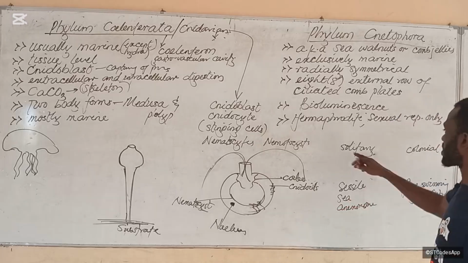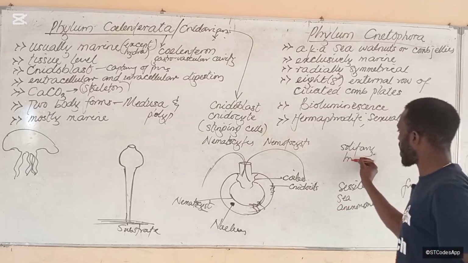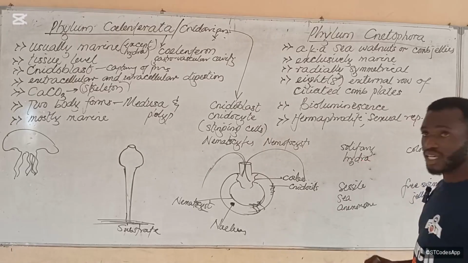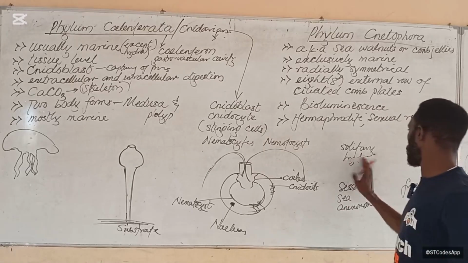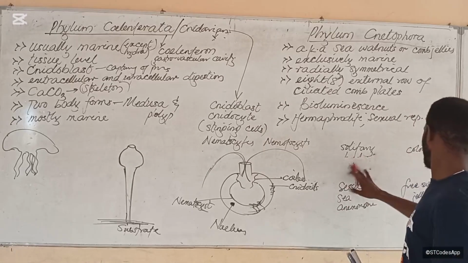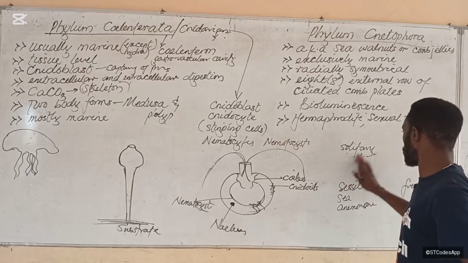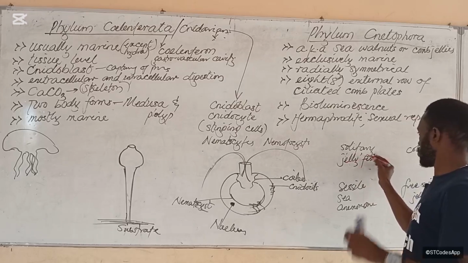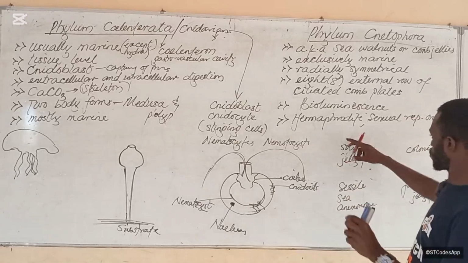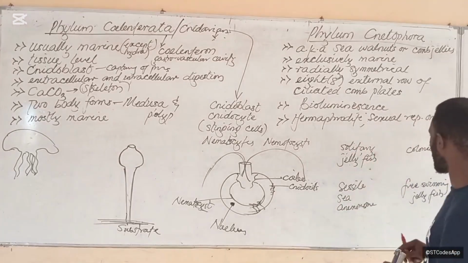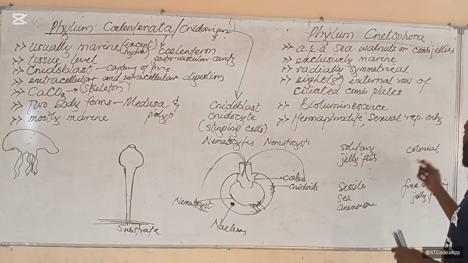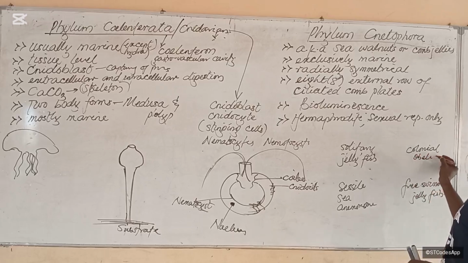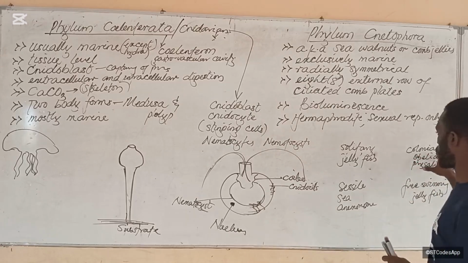An example of one that is solitary is hydra. Jellyfish is solitary, that is, it stays alone. While the colonial ones are the Obelia, the Physalia, etc.